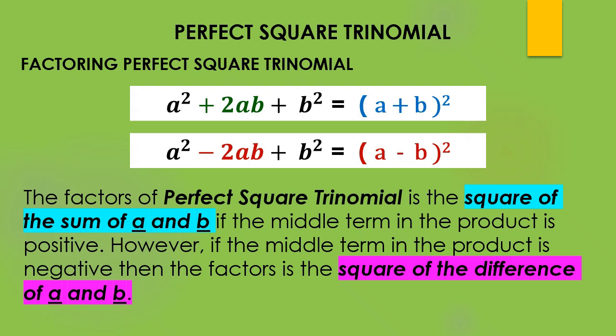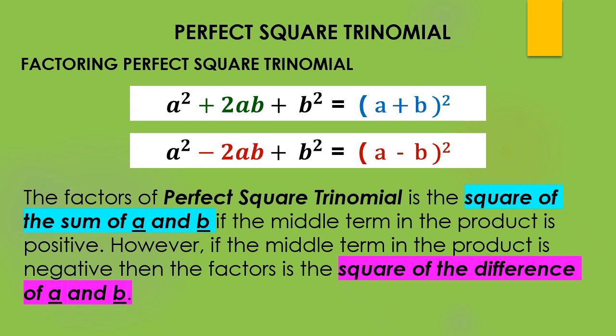So what is the factor of a squared plus 2ab plus b squared? It is the square of the sum of a and b. This will be the factor if the middle term is positive.